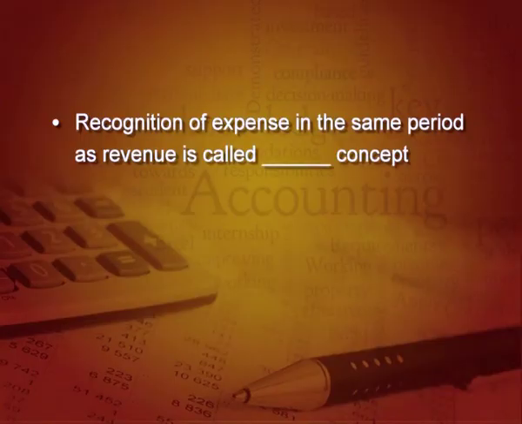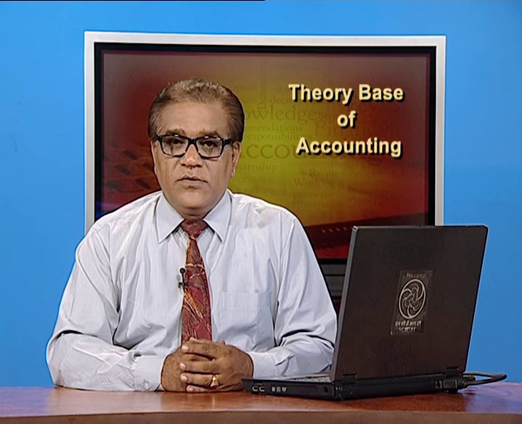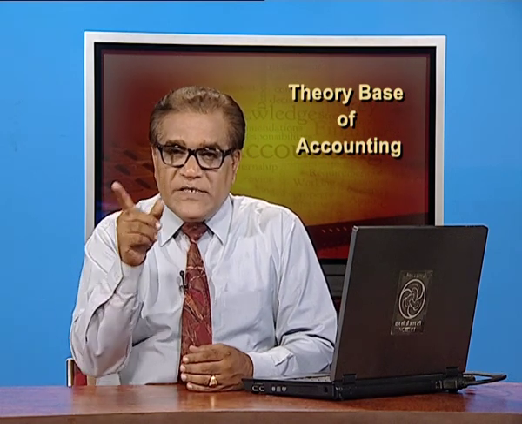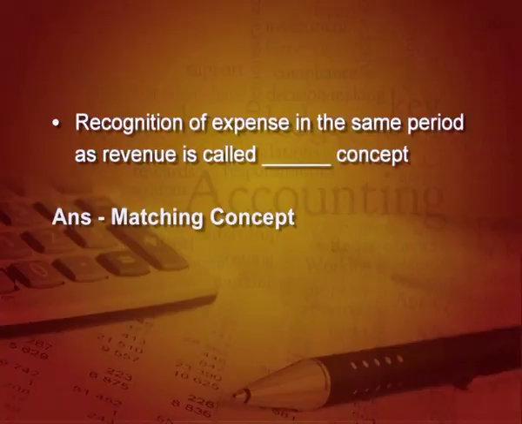Okay. Next one, recognition of expense in the same period as the revenue is called dash concept. Try to find it out. In which period revenue and expenses are compared? Oh yes, it is matching concept.